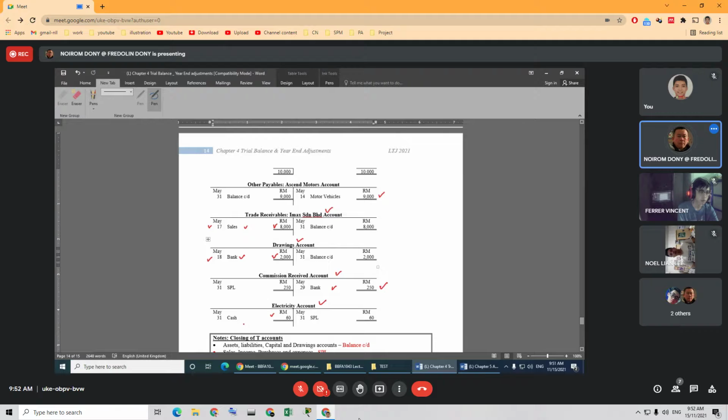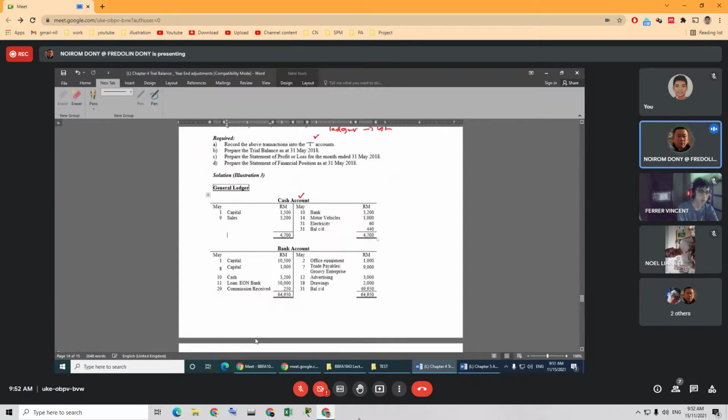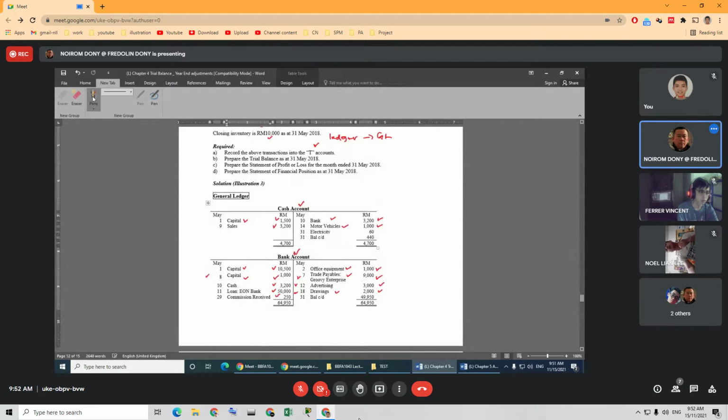And then the corresponding account, that is the heading in the particular, will be cash. So meaning we have to complete the double entry by crediting your cash account 40. So done. We have completed all the double entries in the general ledger.